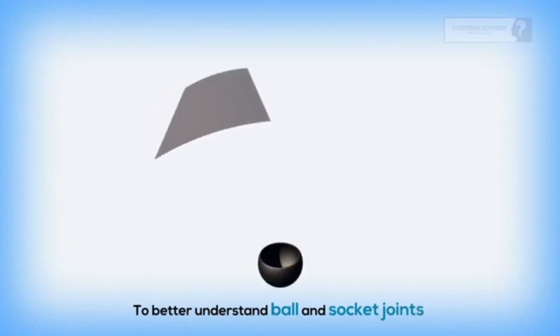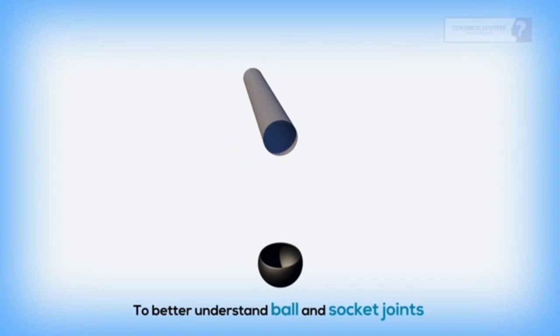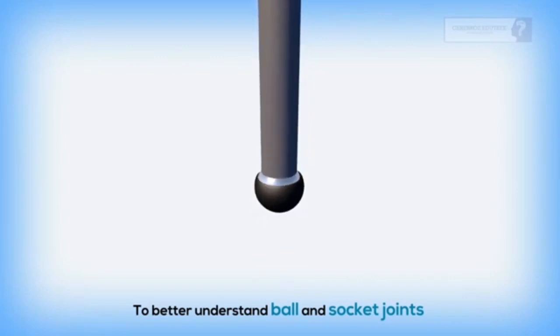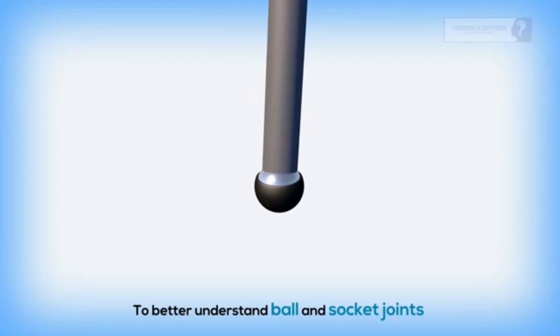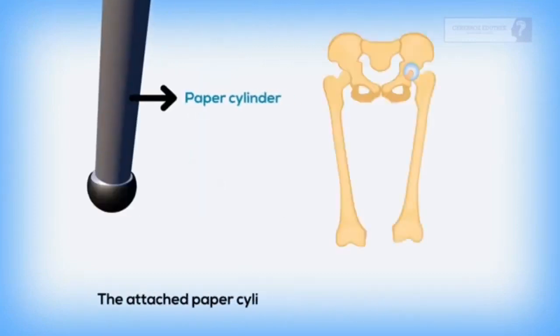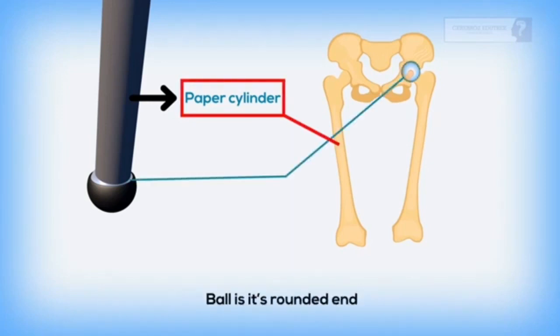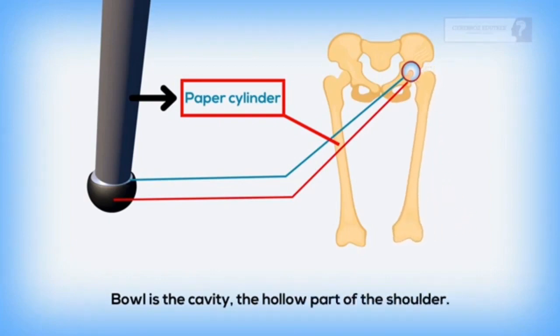To better understand ball and socket joints, let's roll a strip of paper into a cylinder and attach it to a plastic ball and put the ball into a small bowl. If we move the ball, it rotates freely in the bowl in any direction, and the attached cylinder also rotates with it. Similarly, the attached paper cylinder is equivalent to your arm, the ball is its rounded end, and the bowl is the cavity, the hollow part of the shoulder.